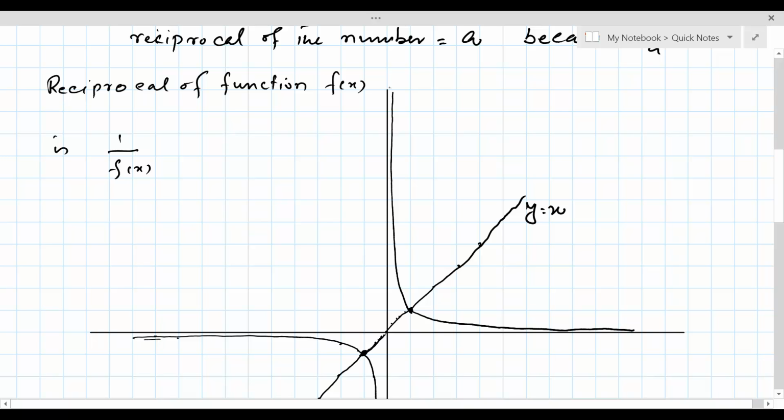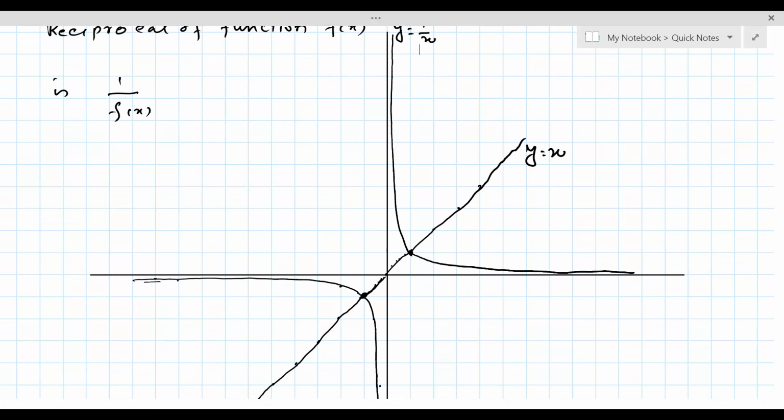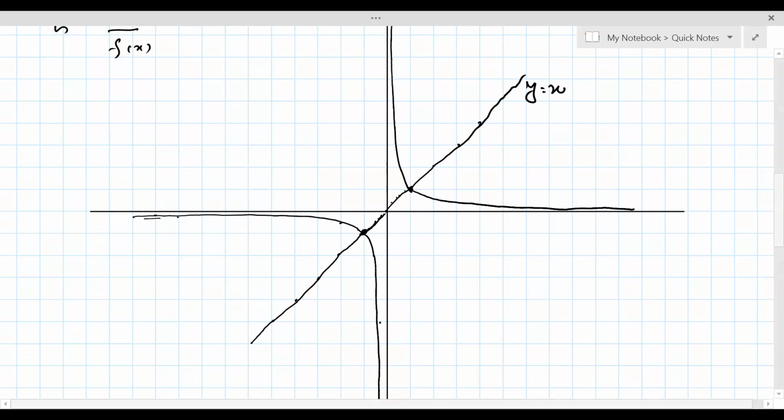This graph is y is equal to 1 over x. It has two parts. One part of the graph is in the first quadrant, and the second part, for negative values of x, is in the third quadrant.